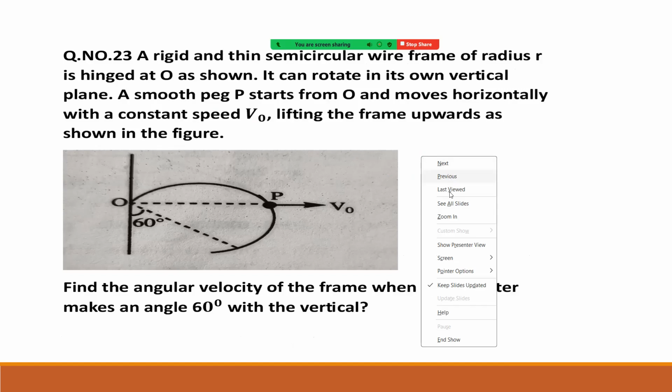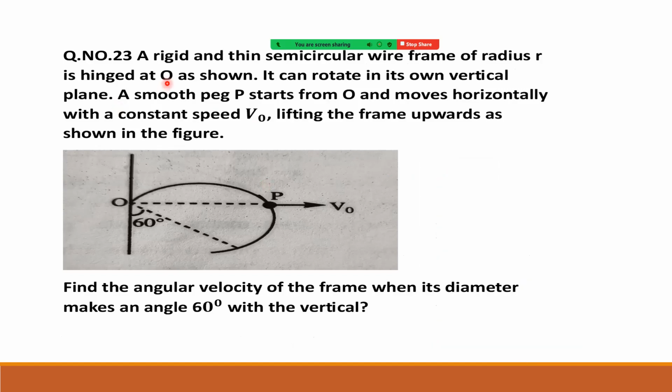See the question given. A rigid and thin semicircular frame of radius r is hinged at O as shown. This is a semicircular wire, rigid and thin. It can rotate in its own vertical plane.